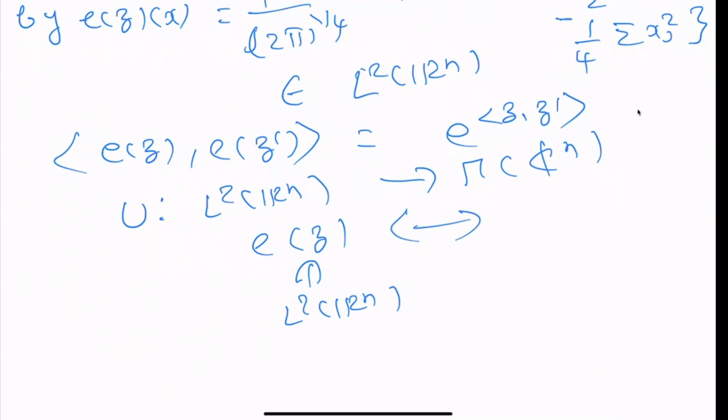We are going to use the same notation, wherever it lives. E of Z going to this E of Z in gamma of Cn.